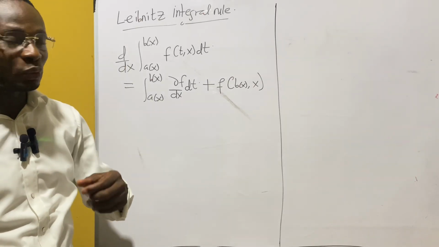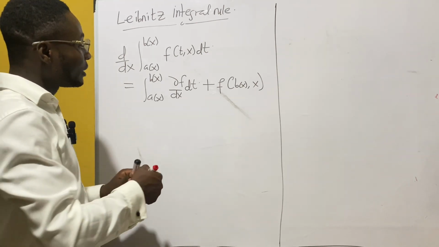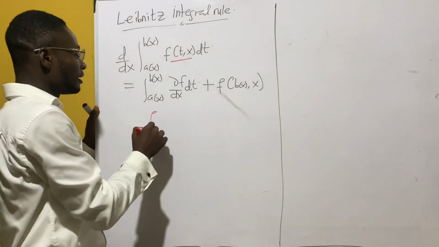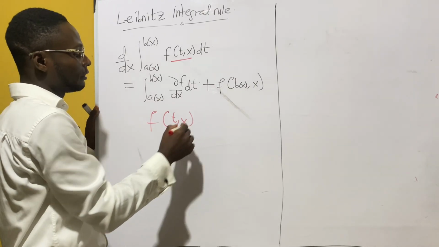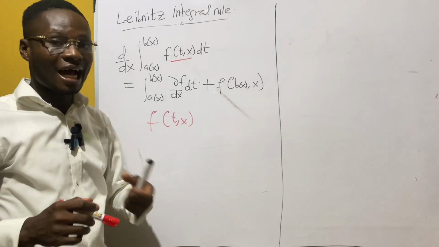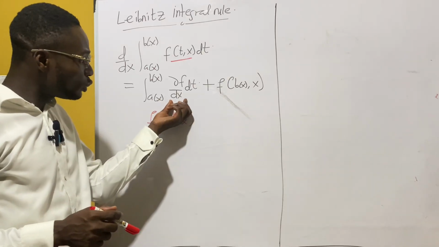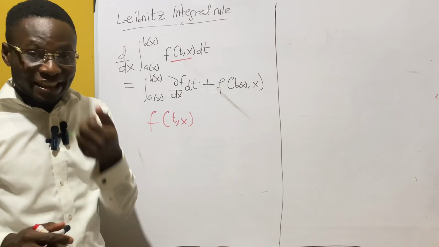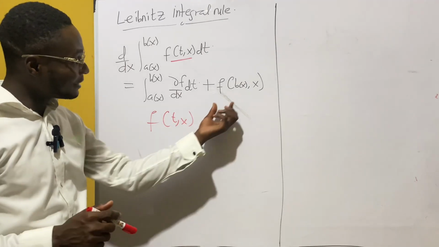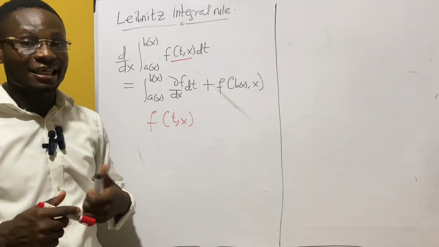We use the first term to integrate the partial derivative of the function, which is f of t and x. So f of t and x is the function under the integrand. The last term is used to account for the changes in the limits.